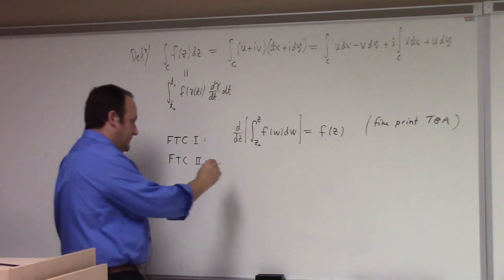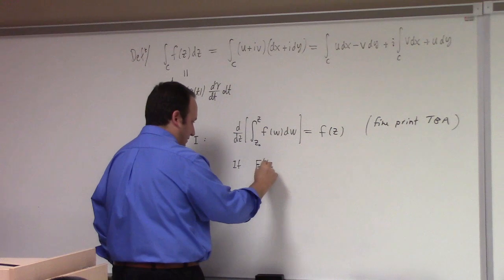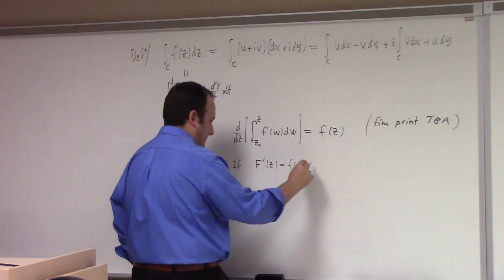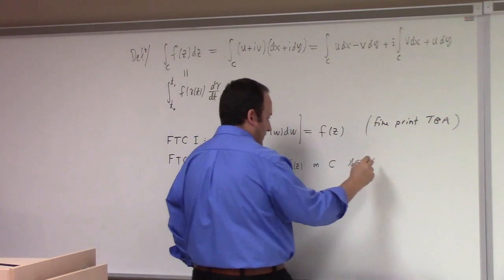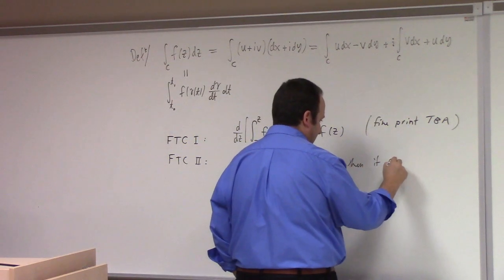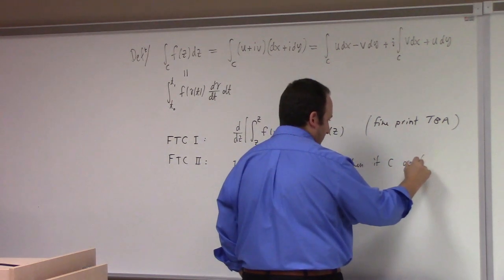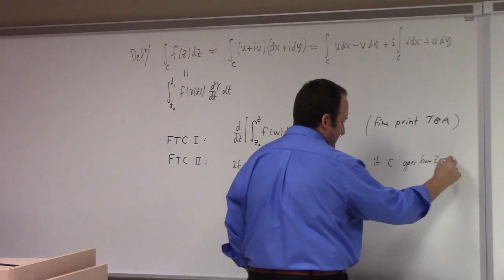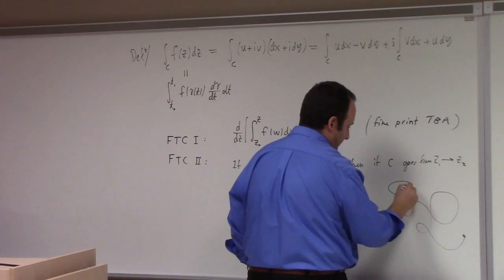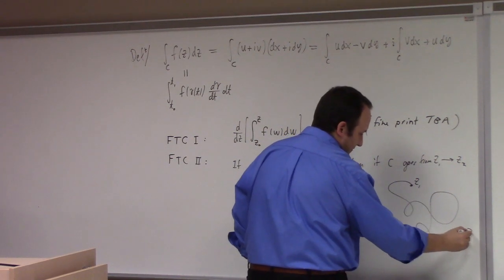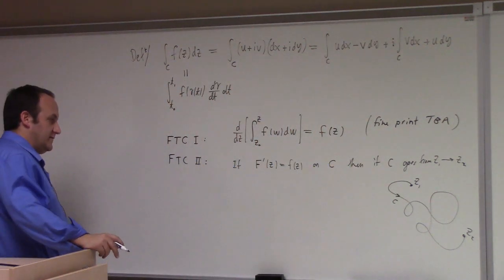On the other hand, if F'(z) = f(z) on C, and C goes from, let's say, z1 to z2. I don't know what C is. Could be all kind of crazy curve, whatever. Starts at z1, ends at z2. That could be the curve.